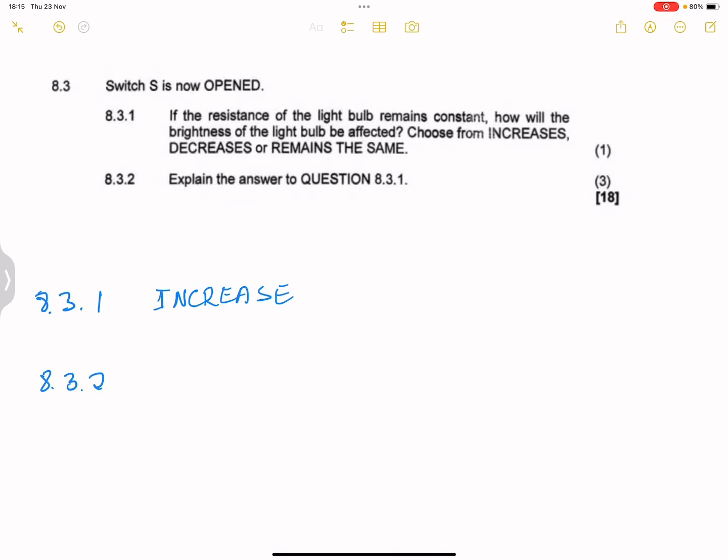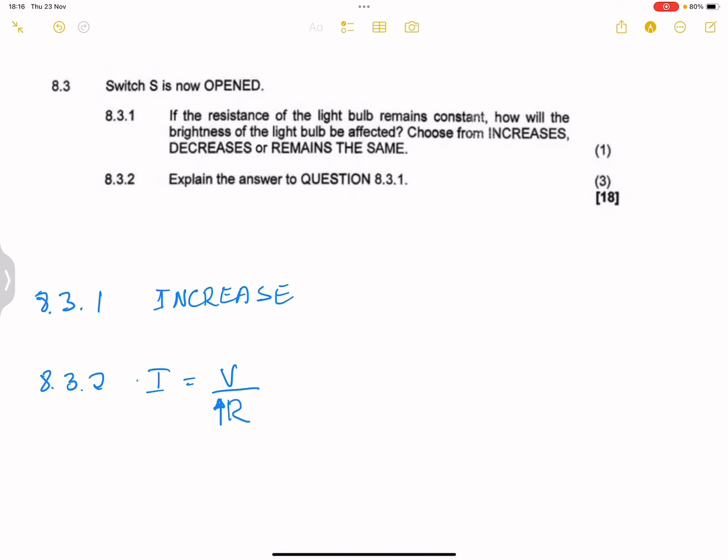So we know that I is equal to V over R. What happened in this case? Removing that resistor will increase the effective resistance of the circuit.